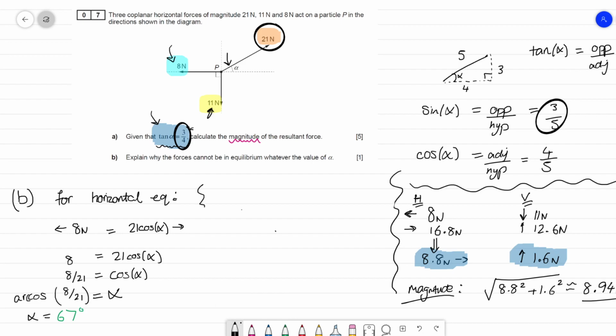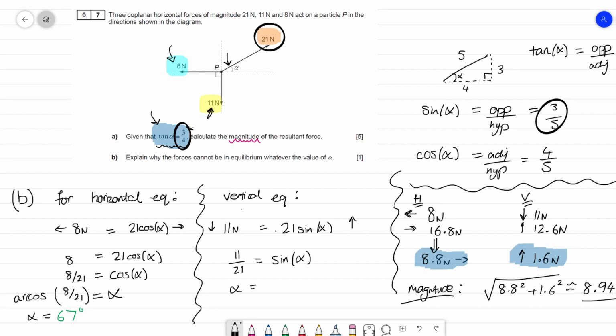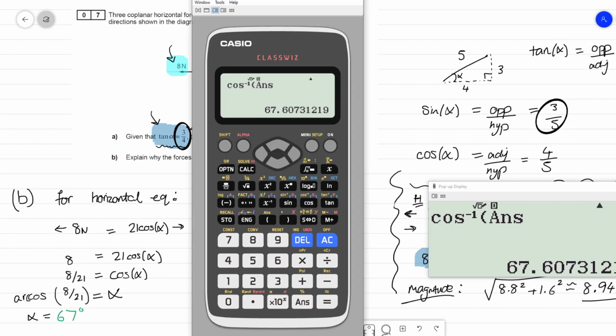If I run the same thing with vertical equilibrium, we're going to get an 11 Newton force going downwards, and 21 sine alpha going upwards. I'll see what angle I get out here.